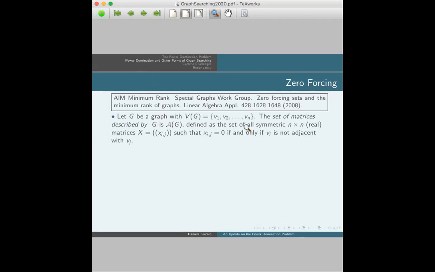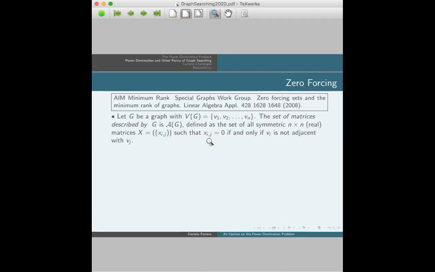So if we have a graph, suppose the vertex set is B1 through Bn, and we say that the matrices described by the graph are all of the symmetric real matrices such that the pattern of zeros in such matrix is determined by the non-adjacent vertices in the graph.